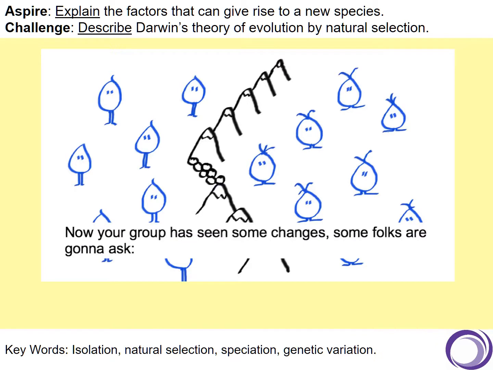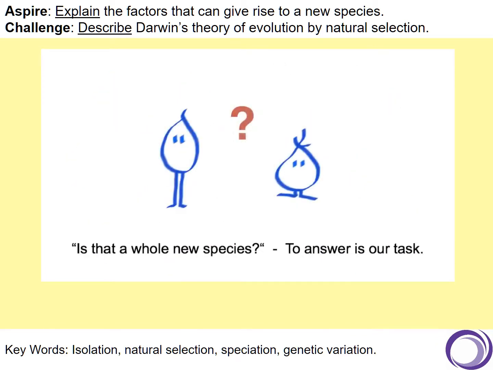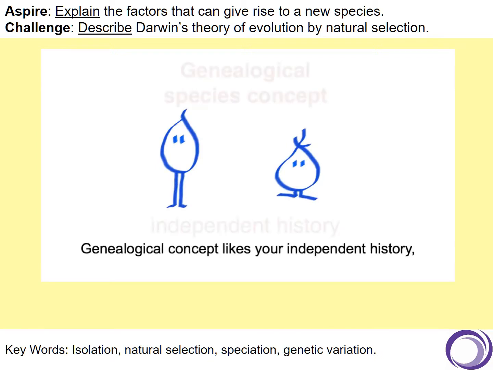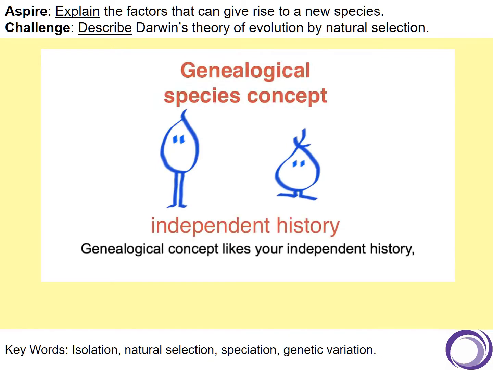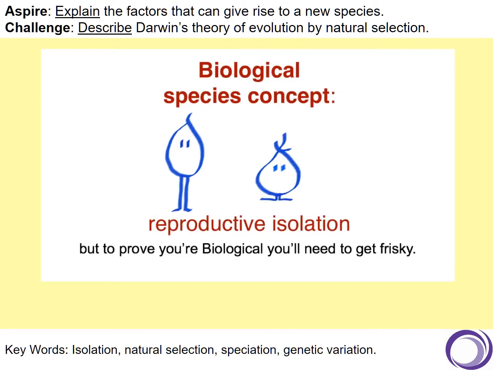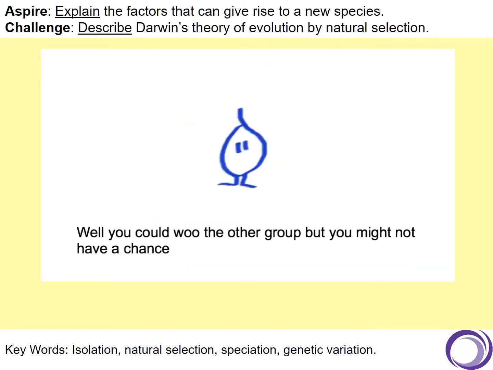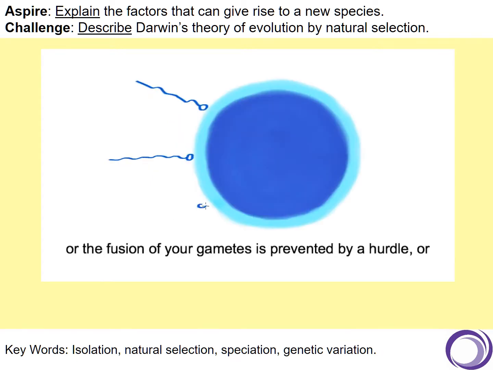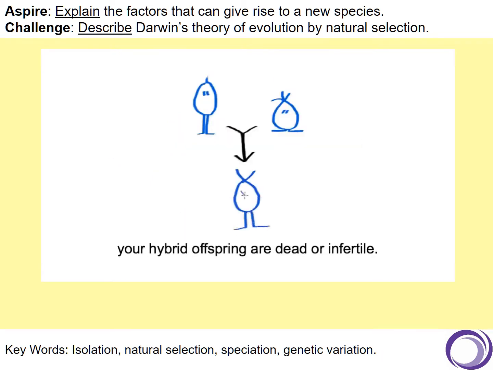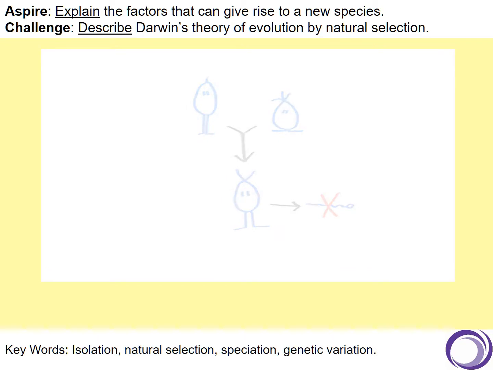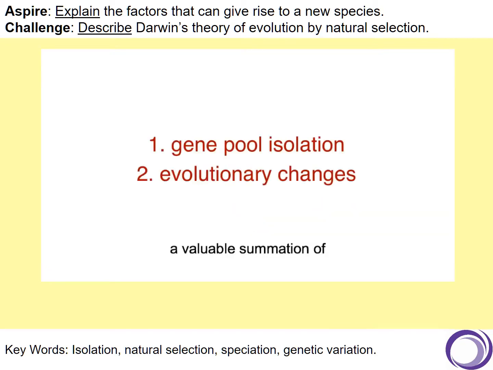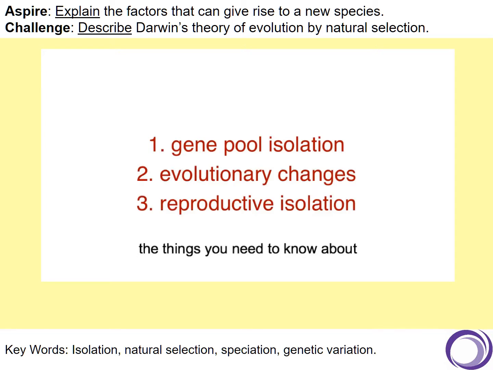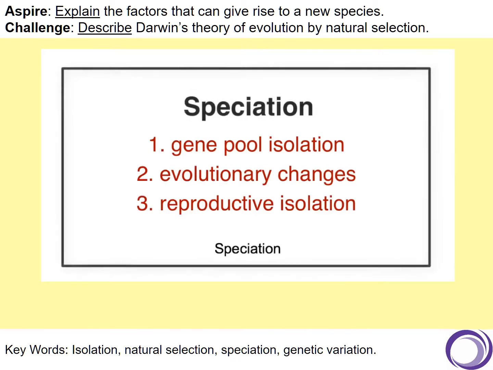Now your group has seen some changes and some folks are gonna ask, is that a whole new species? To answer is our task. Genealogical concept backs your independent history, but to prove you're biological, you need to get frisky. Well, you could meet the other group, but you might not have a chance. Your key don't fit the lock, or you don't do the dance, or the fusion of your gametes is prevented by a hurdle, or your hybrid offspring are dead or infertile. I hope this song provides you with a valuable summation of the things you need to know about speciation.